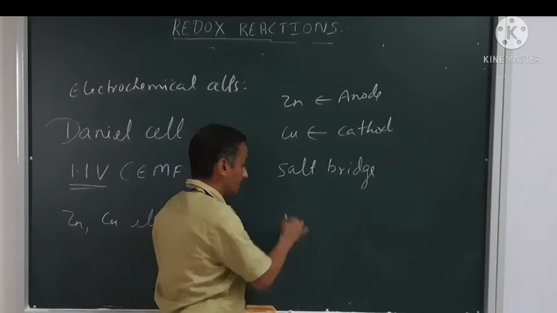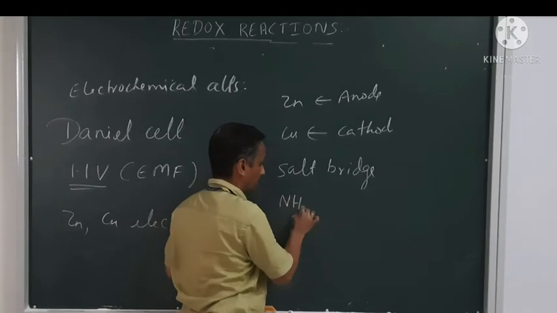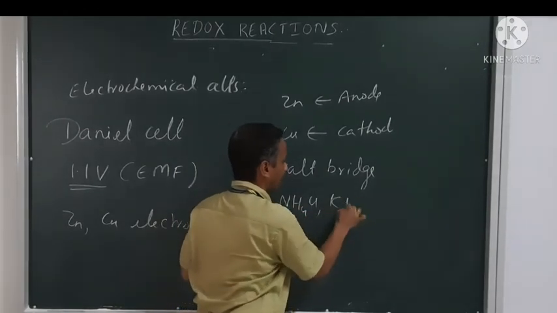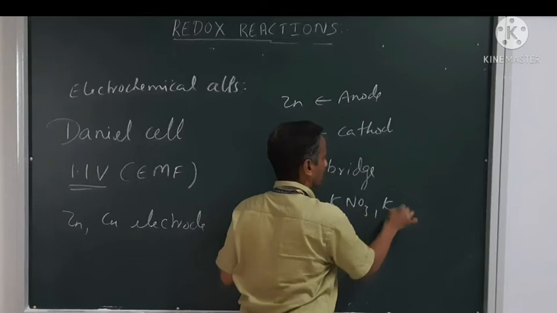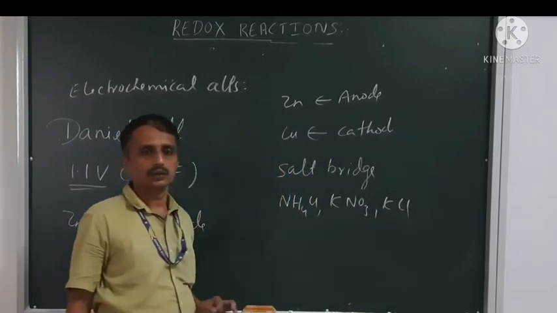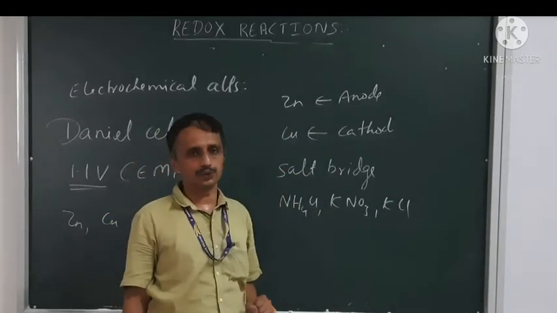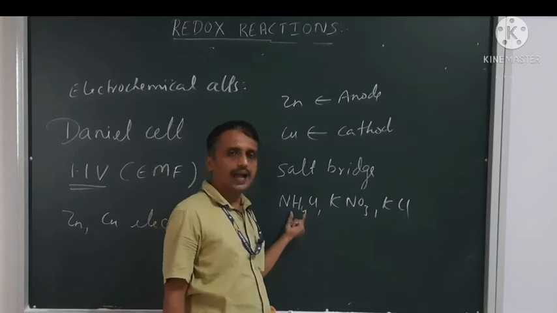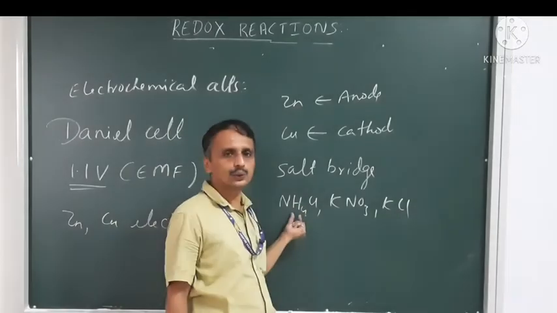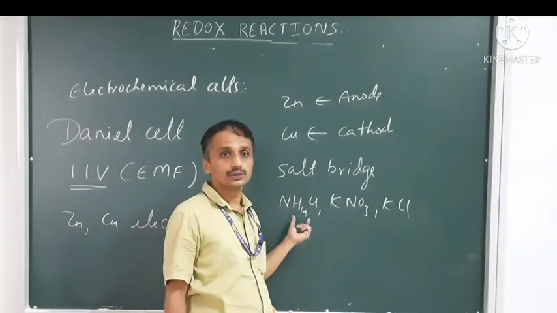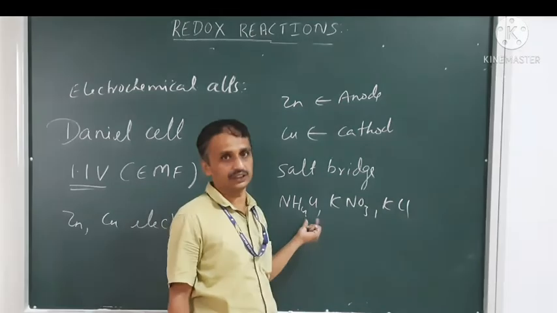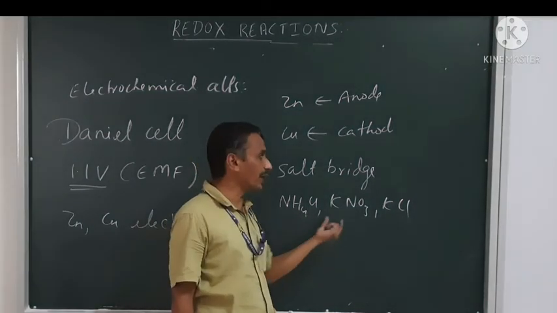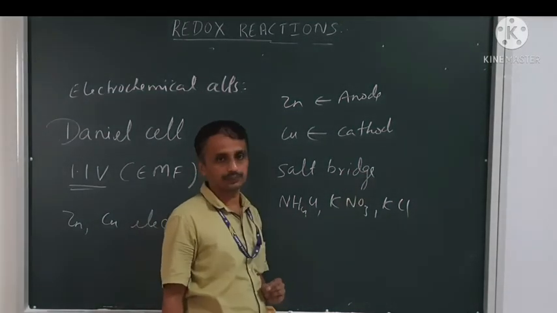The salt bridge contains either ammonium chloride or potassium nitrate or KCl. All salts cannot be used. The cation and the anion should have almost the same mobility. Such salt can be used in the salt bridge.